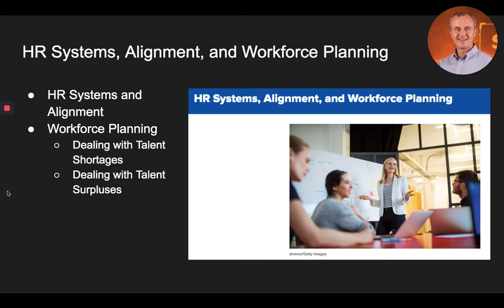With a talent shortage, the risk is lost opportunities to meet market demand. With a talent surplus, on the other hand, the risk is excessive cost for employing people relative to market demand. One of the simpler ways to deal with a talent surplus is to move workers from an area with a surplus to another area in the organization with a shortage. But sometimes this is not always possible.